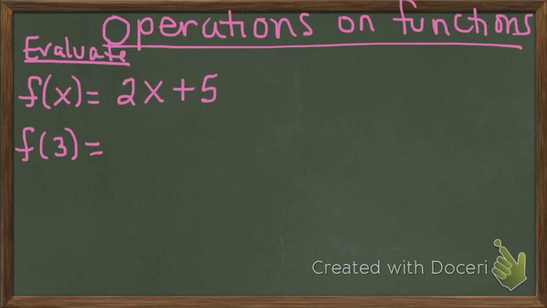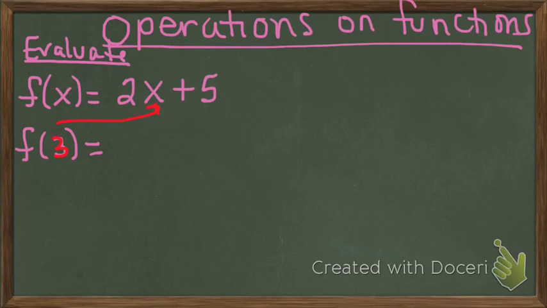All right, operations on functions. First of all, let's remind ourselves how to evaluate a function. Function notation says f of x equals 2x plus 5, for example, and we want to find f of 3. What that tells us is that we're going to put this 3 in place of all the x's. So this 3 here is going to go in place of x.